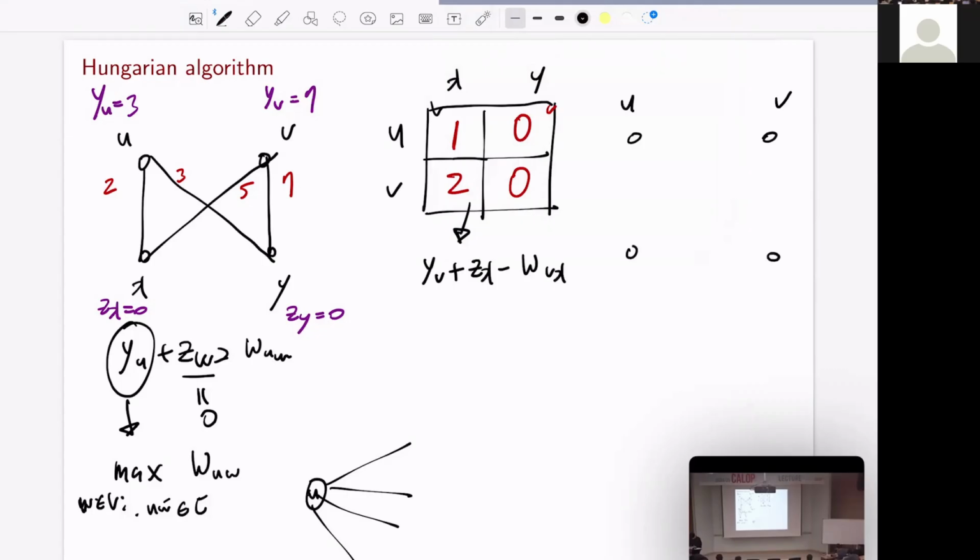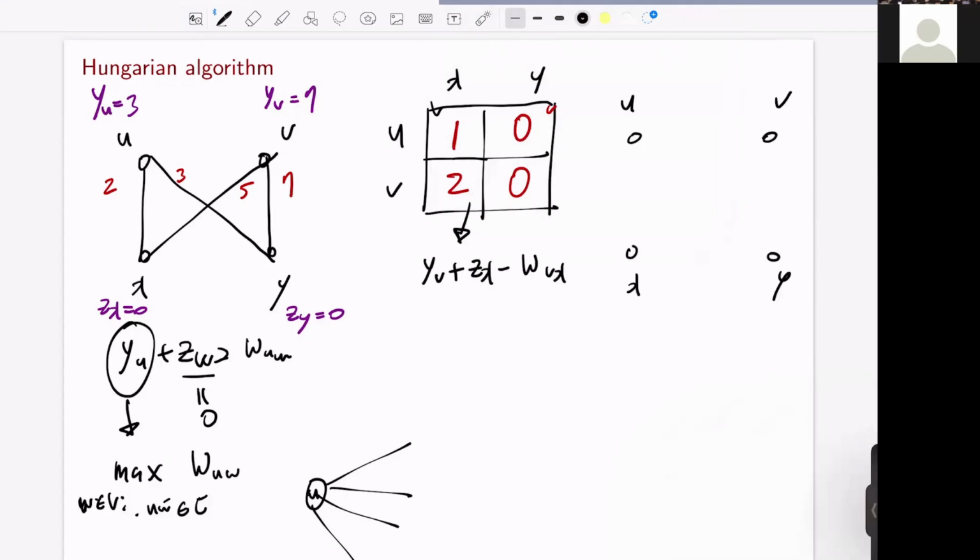You have u, v, x, y. You can use uy. And you can use vy. So only these 2 edges are available to you. So this is the equality subgraph.